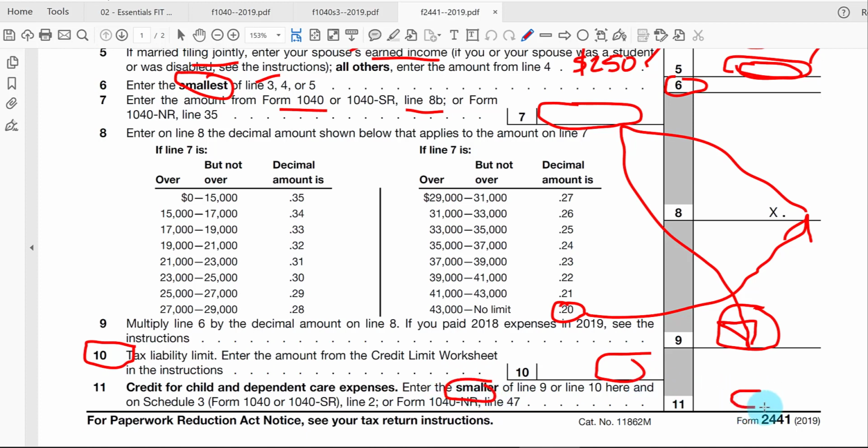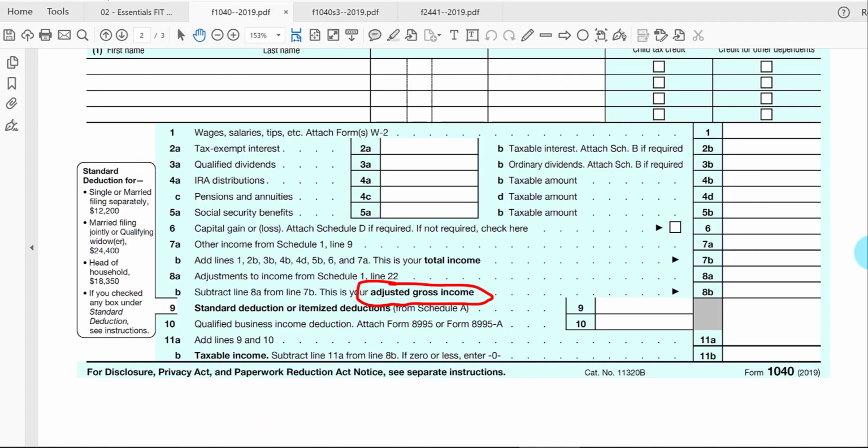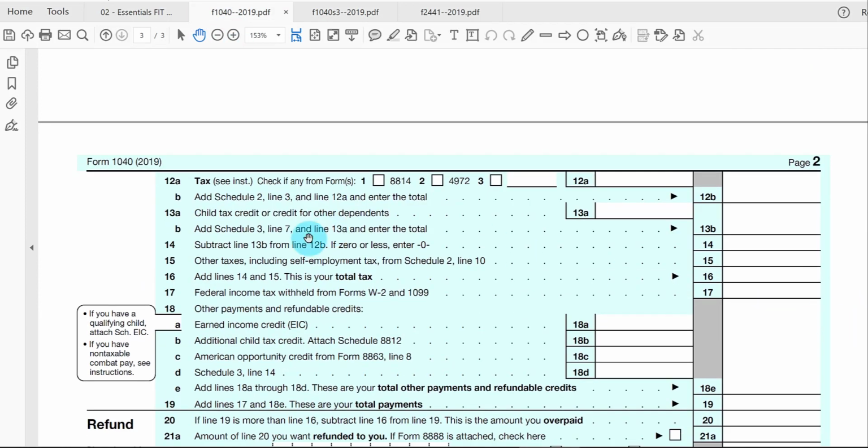So this is the amount here of your credit that again you report now back on the schedule number 3 here in line number 2, and you subtotal it here with the other non-refundable credits, and then that goes back to the 1040 form in line 13B, and you subtract it out from the tax up here.